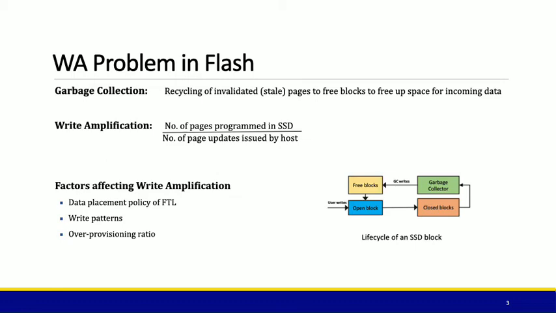As previously mentioned, GC is the process of recycling invalidated stale pages to free blocks, to free up space for new incoming data. The GC overhead can be measured using write amplification. Write amplification is the ratio of the number of pages programmed within the SSD to the number of page updates issued by the host. The magnitude of write amplification depends on factors such as over-provisioning ratio, the mapping mechanism, and the write patterns.